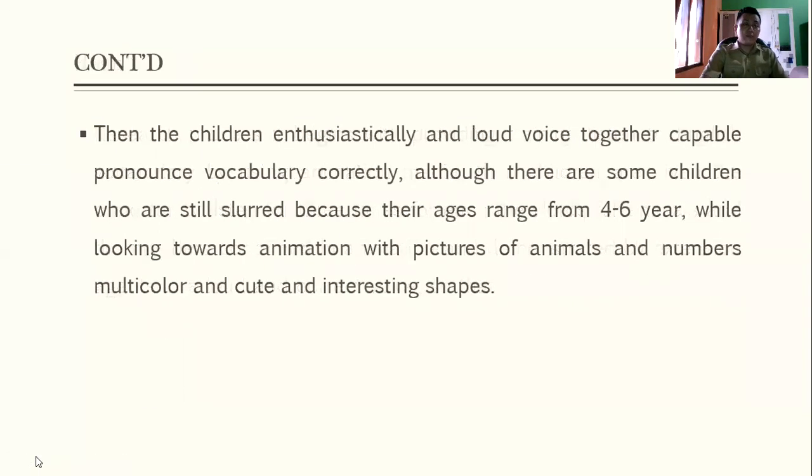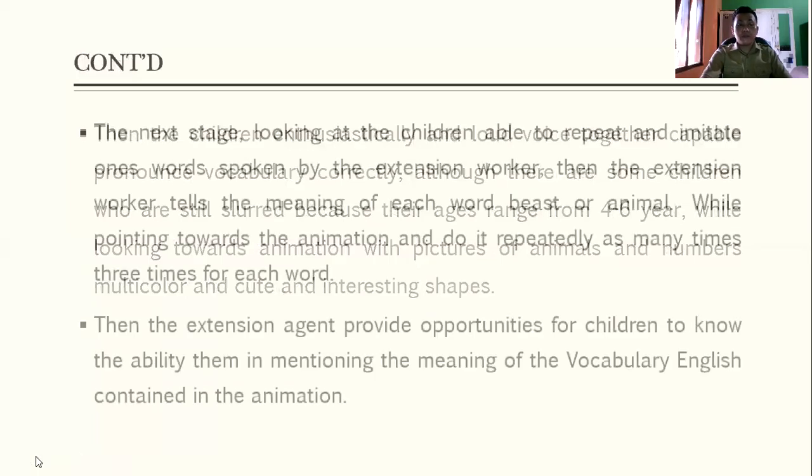The children enthusiastically and loudly together were able to pronounce the vocabulary correctly, although some children were still slower because their ages range from 4 to 6 years, while looking at the animation with pictures of animals and numbers, multicolored and in cute and interesting shapes.